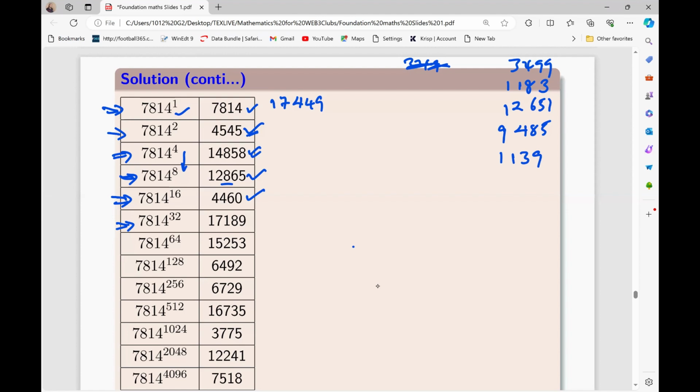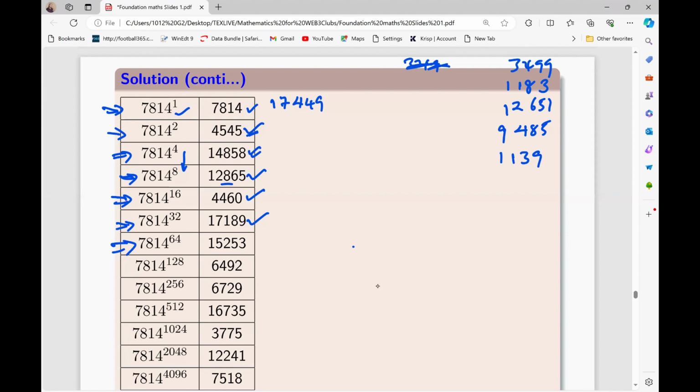I'm writing them there so that when you listen to the video later, you can compare what you'll be getting at that time. I'm getting 17,189. Now square that line to get the next line.